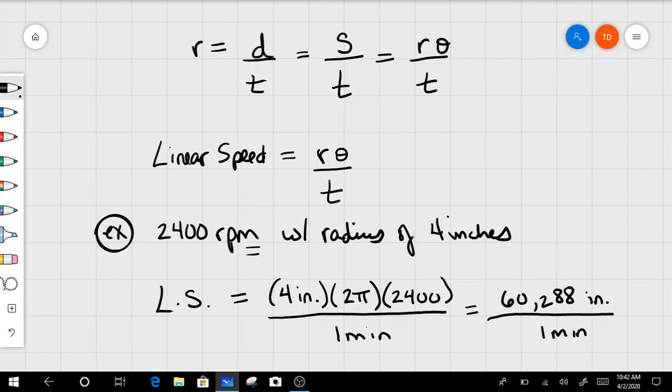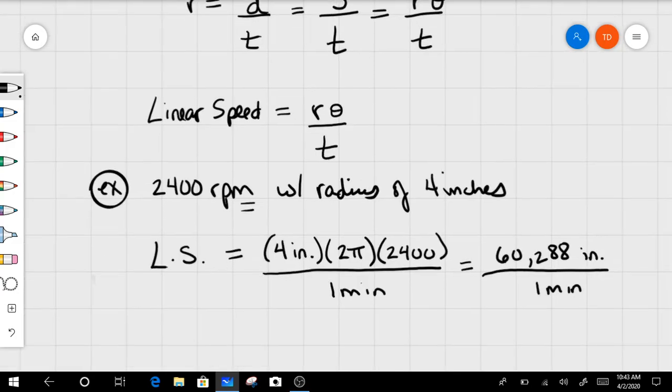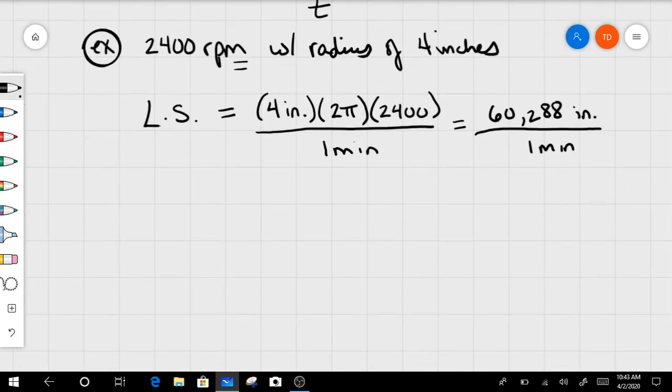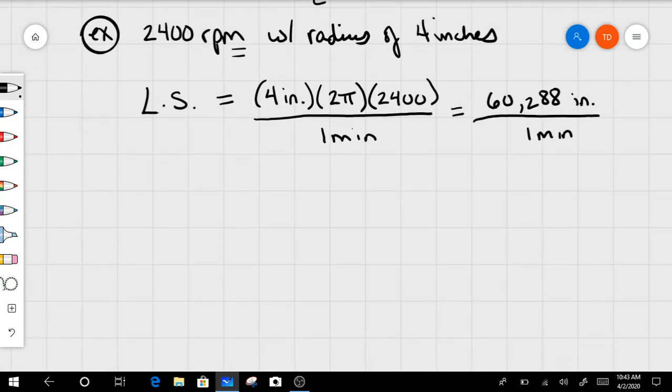Most real world problems are not in inches per minute. Most real world problems are in miles per hour. So let's convert. Stick with me. Pause, go back, listen to those instructions again if you need to. But now we're going to convert these to miles per hour.